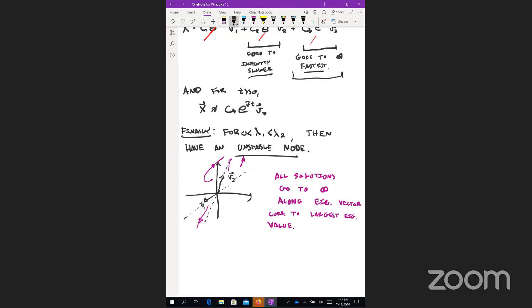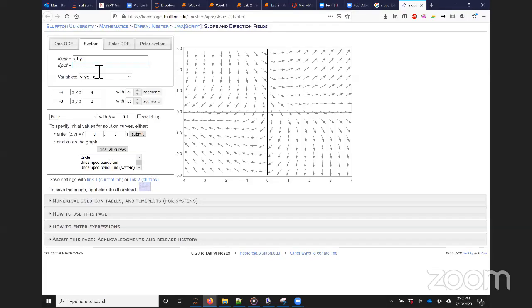To give a quick example, you can get some nice examples of what we've done here. Play around with them a little bit.